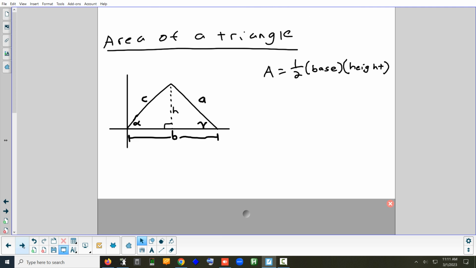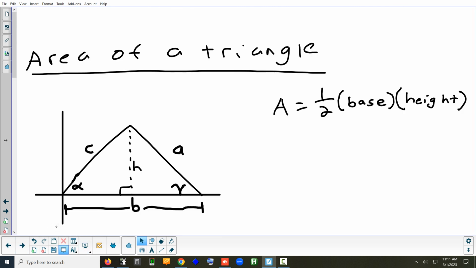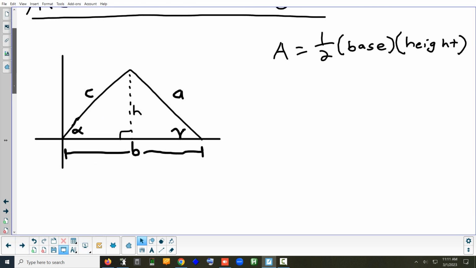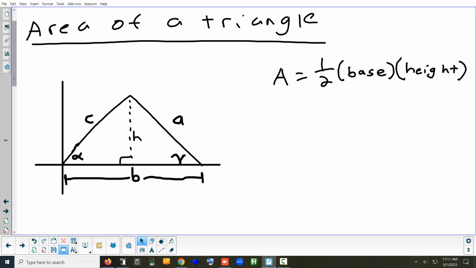Okay, so another thing that we're going to take a look at is area of a triangle. I've put up the formula that we're used to from geometry, and that formula is fine as long as you know the base and the height. But what if we don't know the base and the height? There are two different formulas you can use to find the area of a triangle in that case.